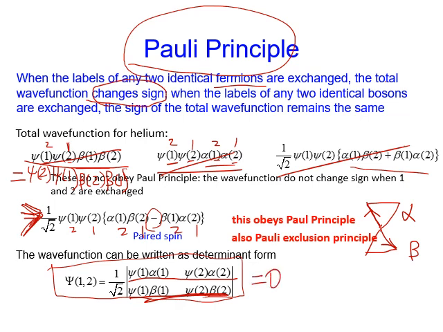is 0. And when 2 rows are the same, that actually indicates the 2 electrons have the same spin. Okay, both are in the alpha state, or both are in the beta state. Now, for the helium atom, electrons 1 and 2 are already in the same orbital, for example, the 1s orbital.